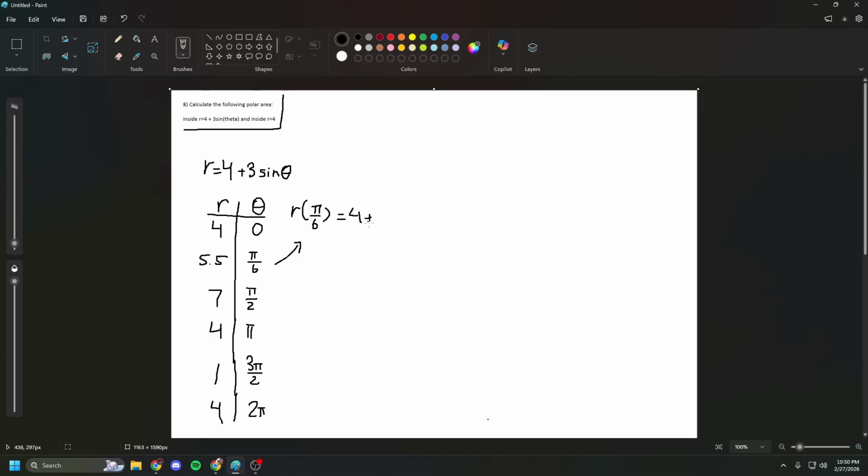If we aren't doing this in a polar equation, this is what it would do, which is really simple. So 4 plus 3 times sine of pi over 6, which is 1/2, means it's 4 plus 1.5, which is how we got it.